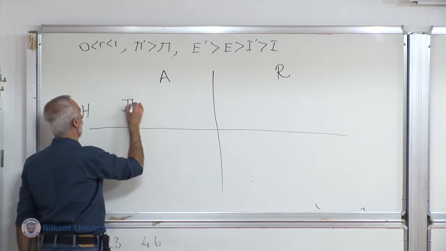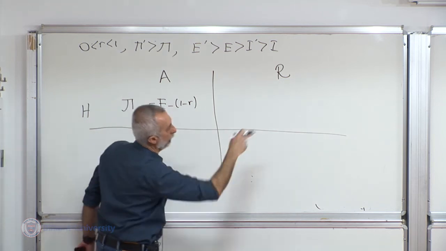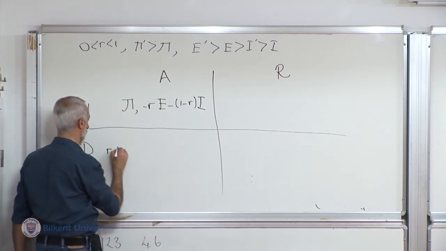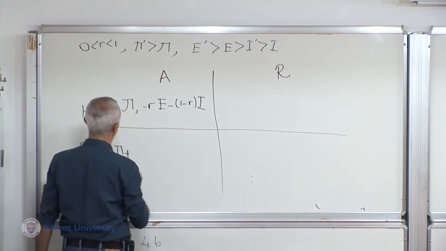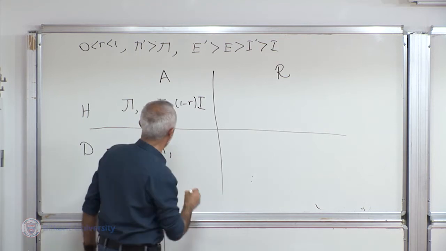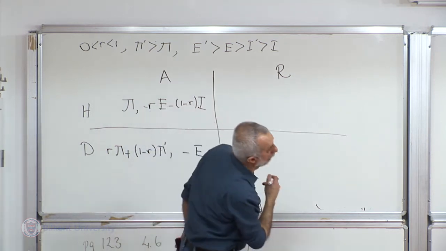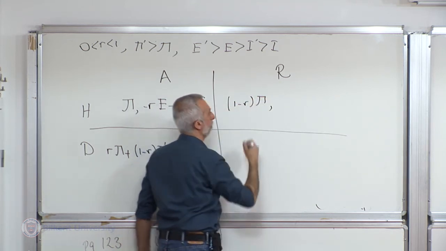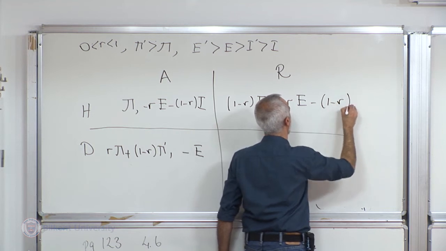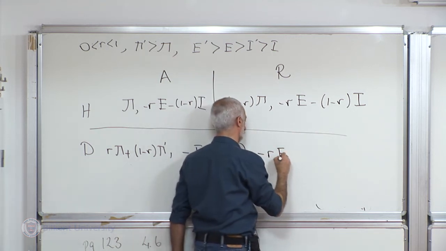So the expected payoffs are pi minus R E minus 1 minus R I, R pi plus 1 minus R pi prime, and then minus E. 1 minus R pi, minus R E, minus R E prime.